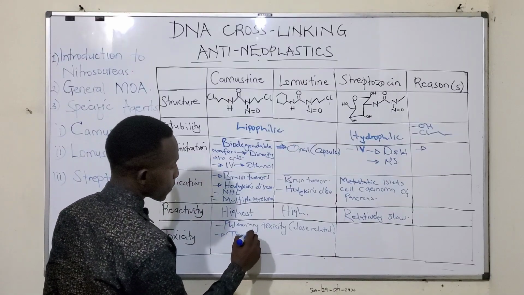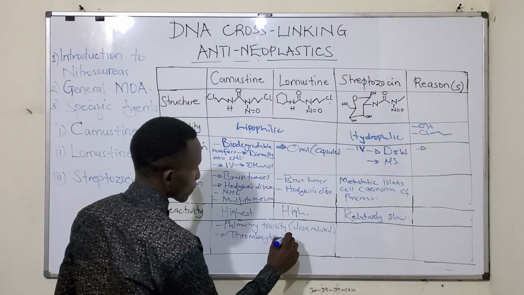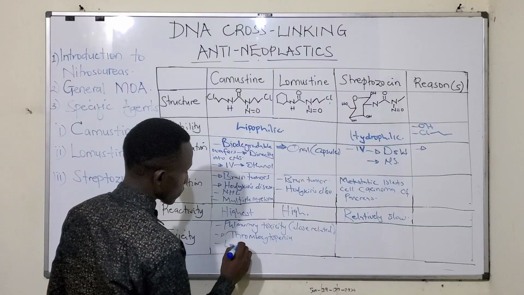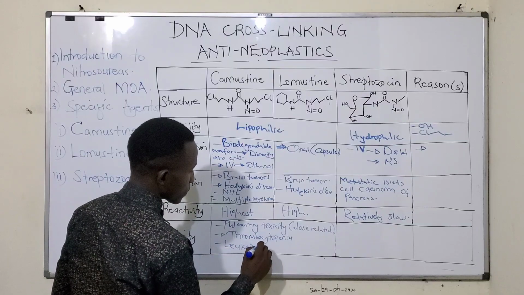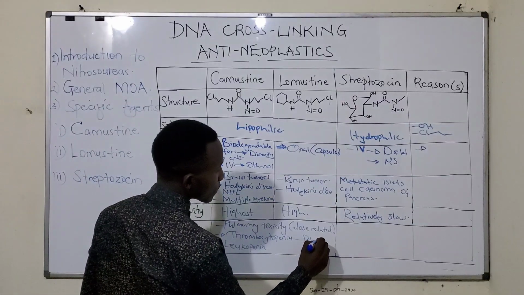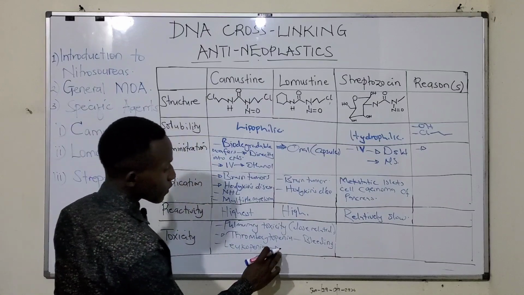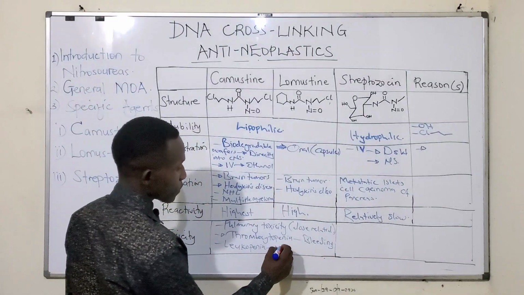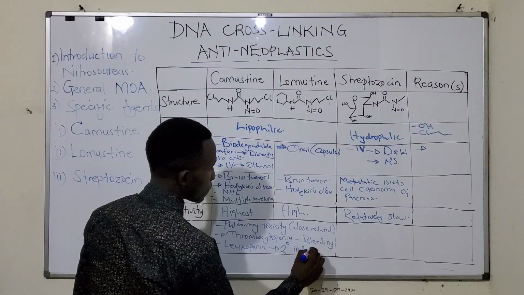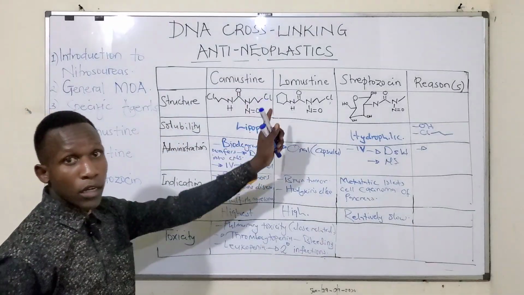They may cause thrombocytopenia, and also leukopenia. Thrombocytopenia may cause bleeding, and with leukopenia we may have secondary infections, for carmustine and lomustine.